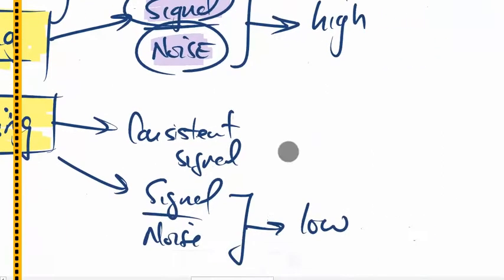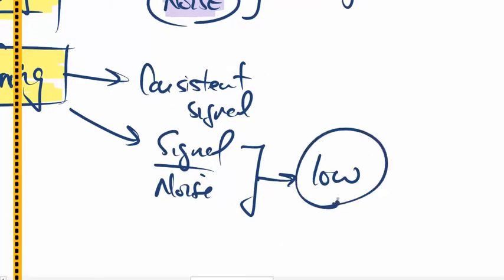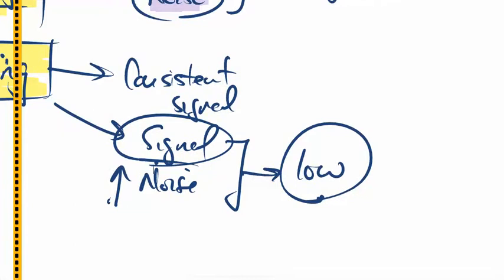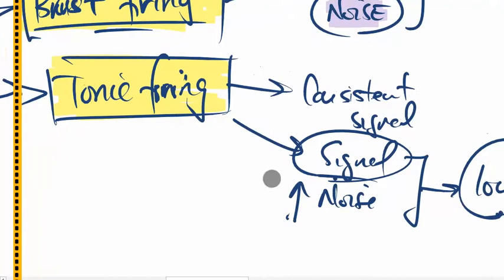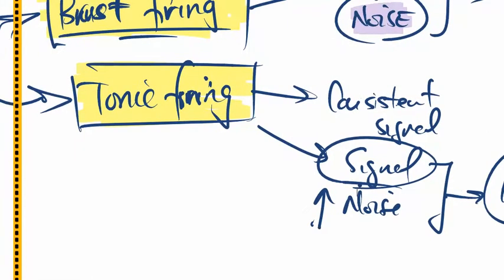So if this ratio is low, then we're supposing that the noise is high, right? If the noise is high, then you can't really hear the signal, and all you're really hearing is just noise. Because all you're hearing is noise, all you're getting is tonic firing. It's just the same thing.